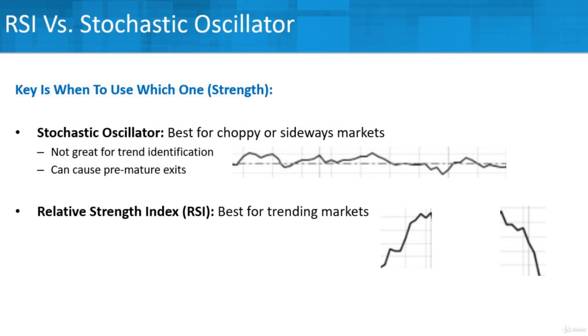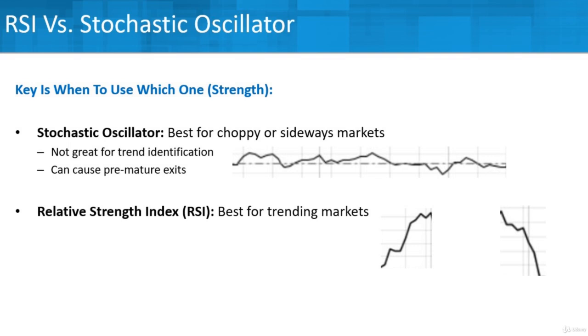It's helping you decide whether it's overbought or oversold, and there's not a clear trend. If it's used in a strong trend, sometimes that can cause a premature exit. Let's say you're in a strong upward trend, and it's accelerating, the stochastic might not show that as much, and you might exit a little bit sooner with a stochastic oscillator.